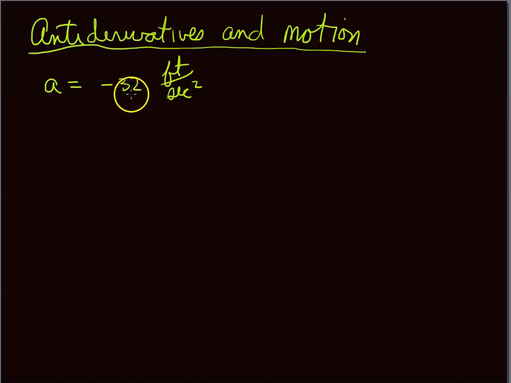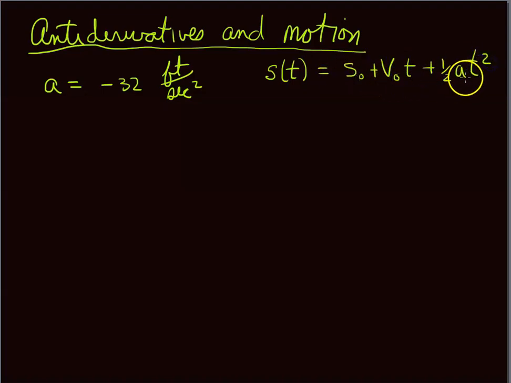So what's interesting is you probably remember that s of t, the motion, is usually s sub 0 plus v naught t plus 1/2 a t squared. I don't know if you remember that. But if you take the derivative of this, ds/dt, if this is feet, this would be feet per second.